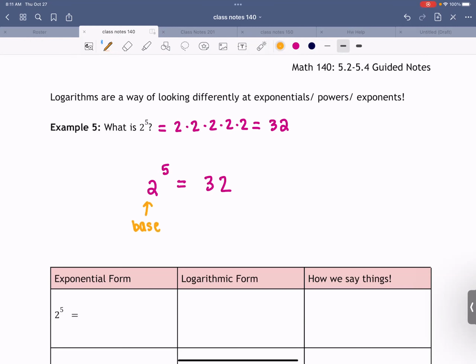We can also call it like the growth rate, but I don't really use that. Okay. 5 is the exponent, or how many times we multiply something together, right? So this is the exponent or the power. Okay. Now 32 doesn't really have a name, but I usually call it the final result.